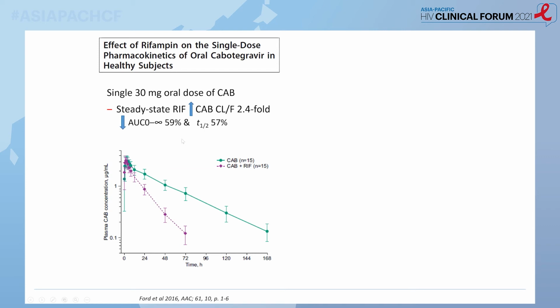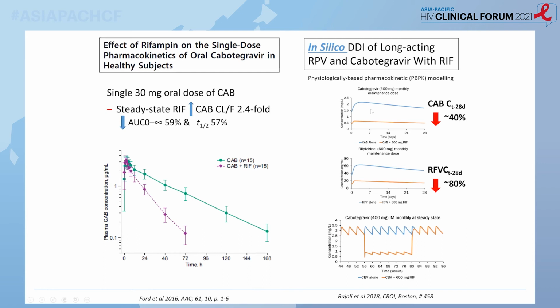So this indicates that it's unlikely that these 2 drugs can be given together, especially given that it's in the format of a long-acting drug. And there have been some simulation studies where they looked at what would happen to cabotegravir and rilpivirine concentrations when given in the long-acting form. If you added on rifampicin, you can see that the concentrations of CAB and rilpivirine would be significantly reduced.